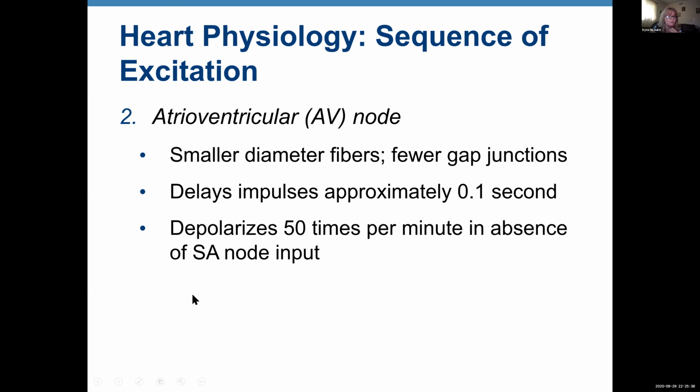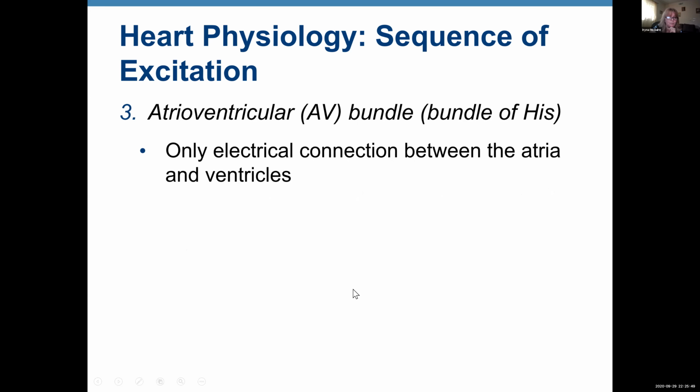So SA node is not functioning. Now AV node takes over, but it's gonna generate 50 times per minute action potential, and it will slow down heart rate.